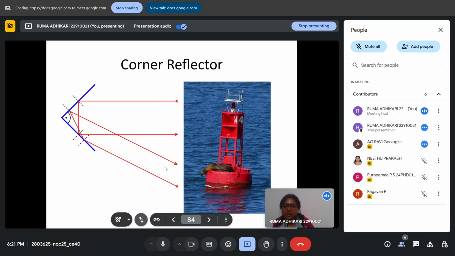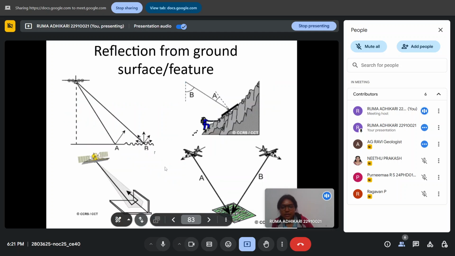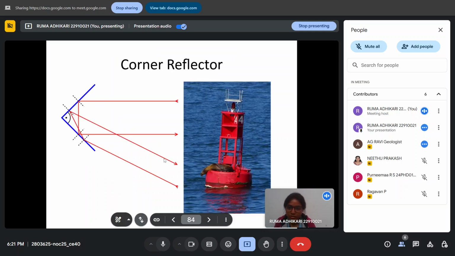There are different shapes and sizes. I think the ma'am must have covered already different types of reflectors, corner reflectors, trihedral, so many things.